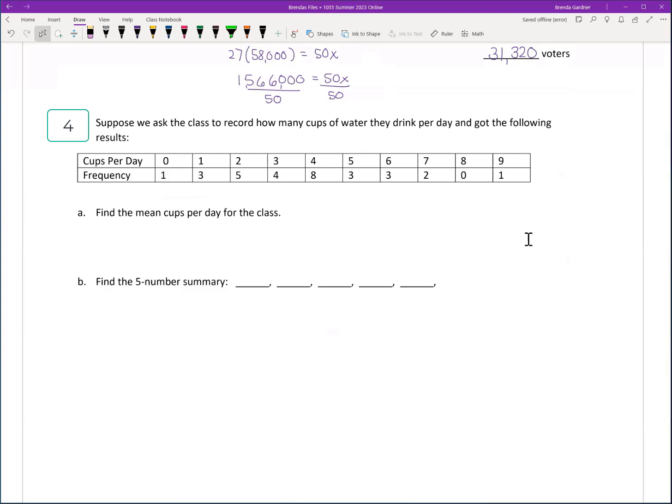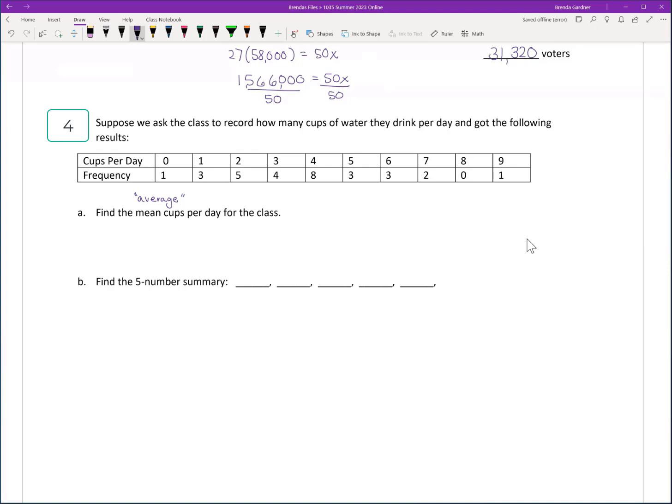Question 2, you are given a table, a frequency table to be more precise. And for the first part, it's asking you for the mean, or in other words, the average, what we typically think of as average, cups per day for the class. Because this is given to me as a table, I have to interpret what this means. So basically, one person drinks no cups of water per day.